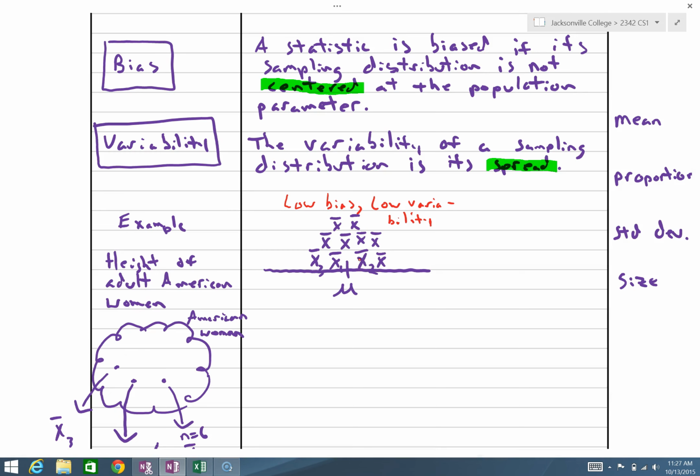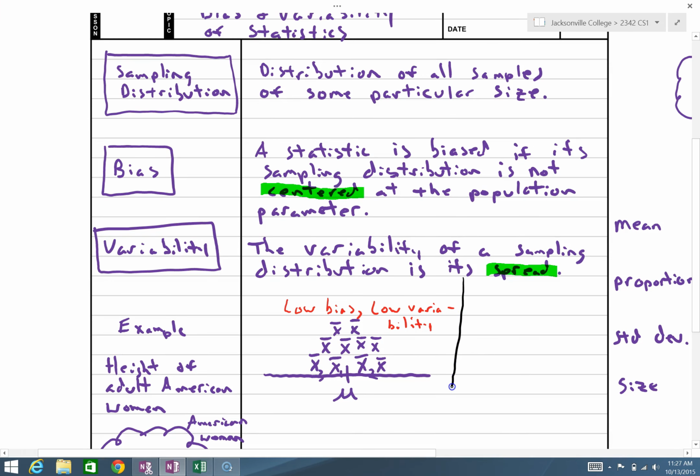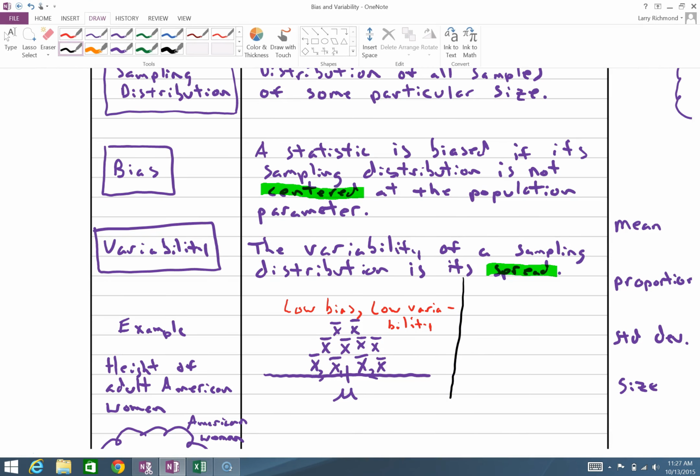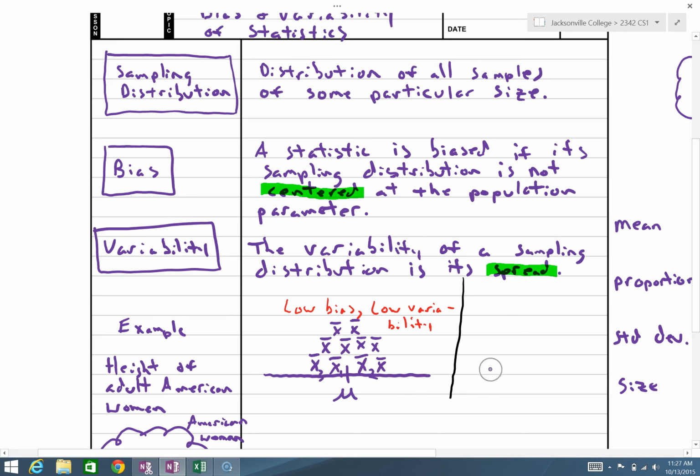Well, let's say that we do this again. We're looking for this value mu, all right, and we do some more sampling, but this time we don't sample so well.